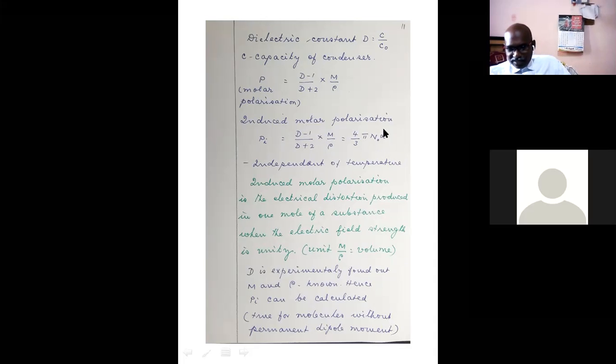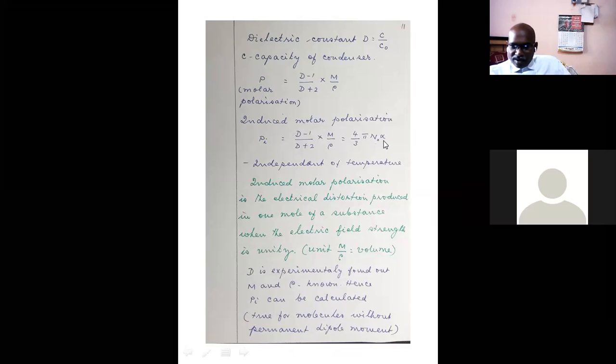Look at this equation. Rho is there, mass is there, pi is there, the Avogadro number is there, alpha the polarizability is there, the dielectric constant is there. All these things are constant for a particular substance.